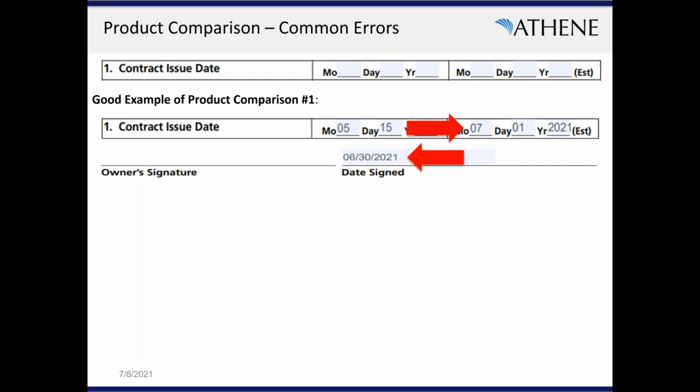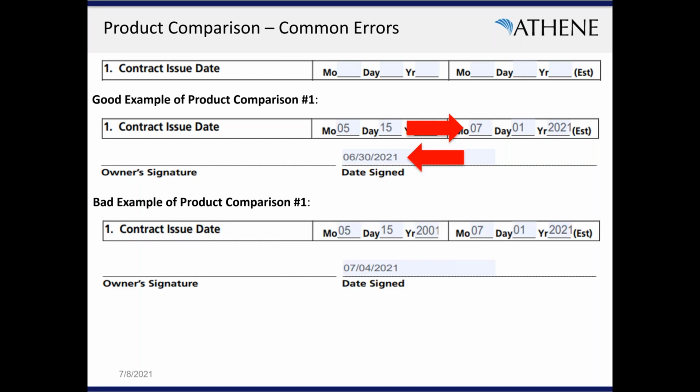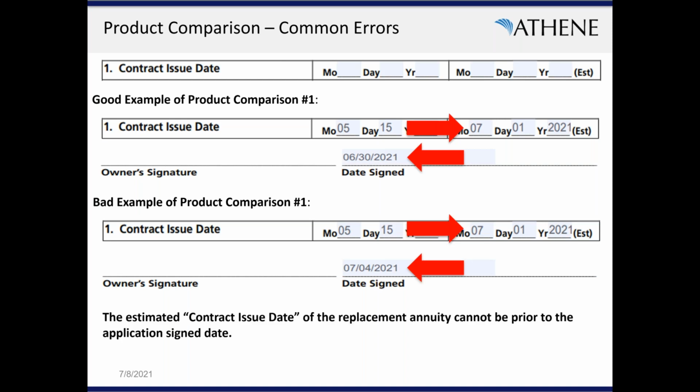So no issues there. A not in good order example would be where you estimate that the issue date is going to be July 1st, 2021, but the app wasn't even signed until July 4th. So the best way we can phrase it, the estimated contract issue date of the replacement annuity, the Athene side, cannot be prior to the application sign date.